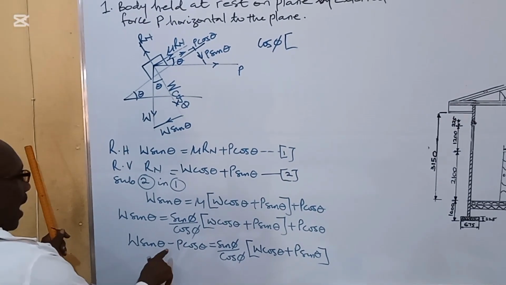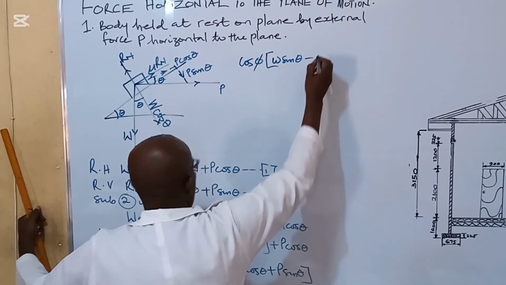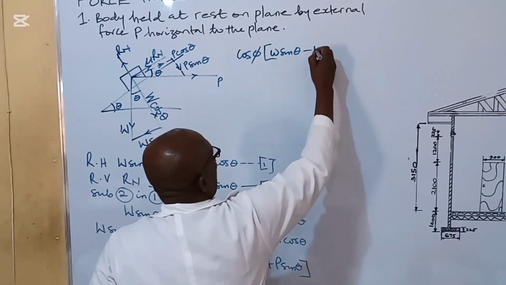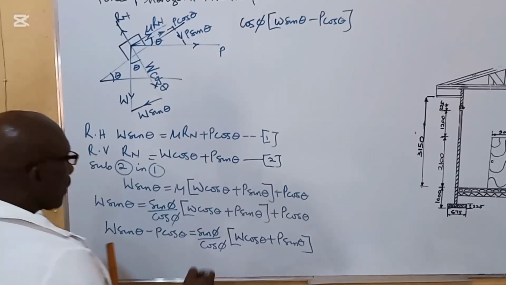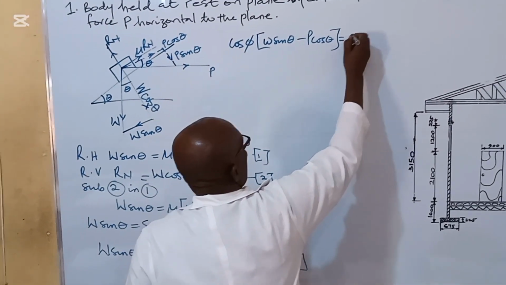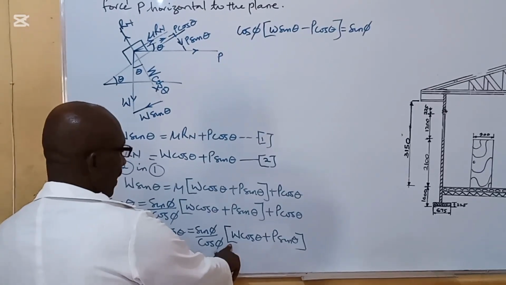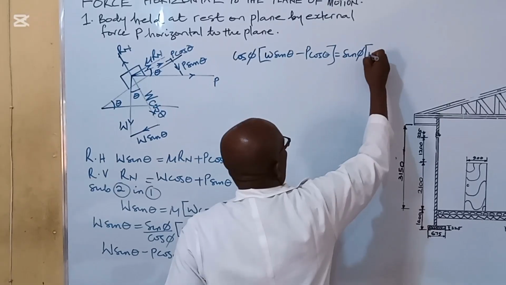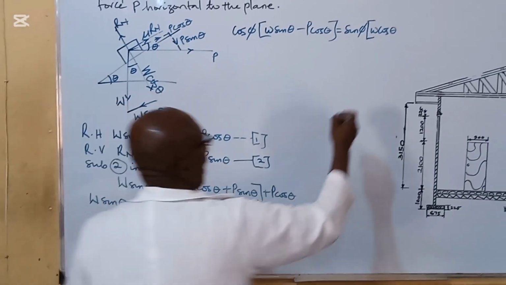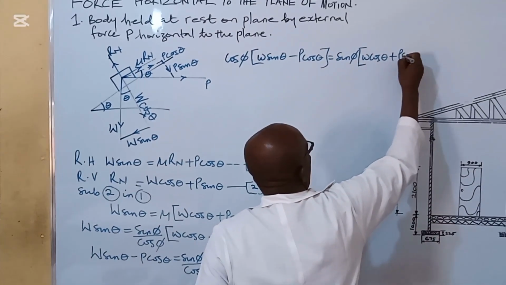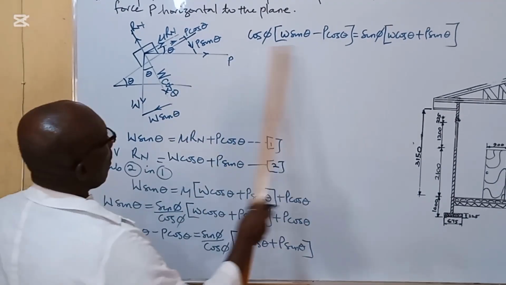Put in W sin theta minus P cos theta, and close the bracket like this, equals to sin phi, open bracket, W cos theta plus P sin theta. Are we together? Now let's open up the bracket.